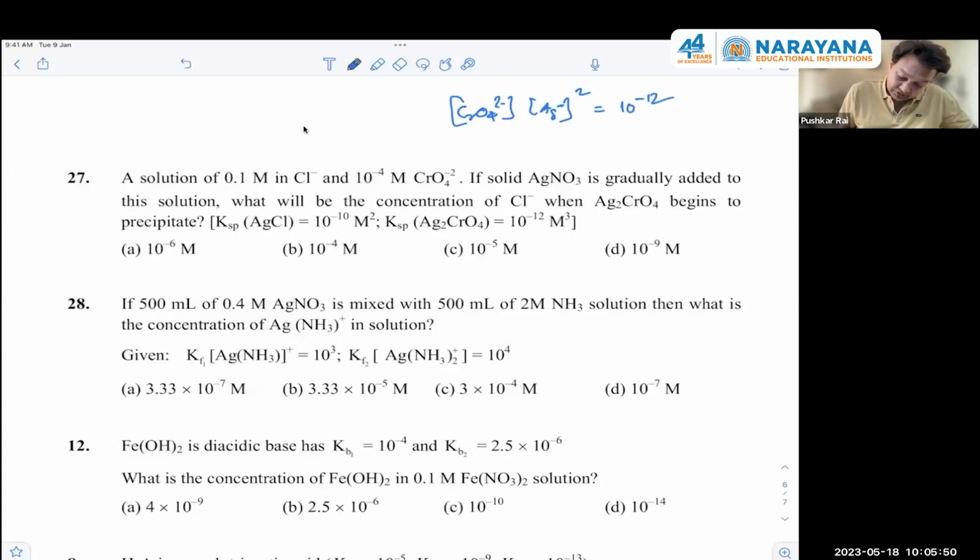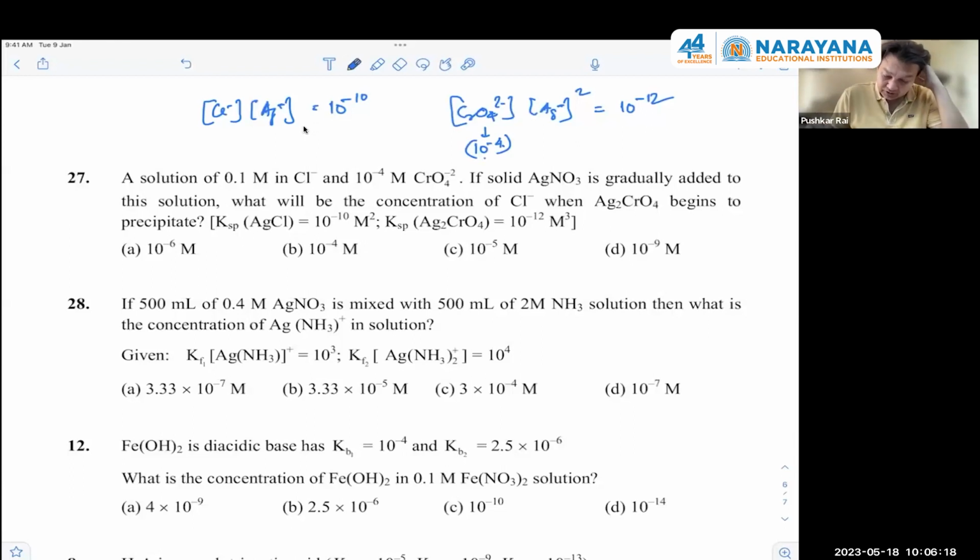And the second equation is that the Cl negative concentration into the Ag plus concentration must be equal to 10 to the power minus 10. You see, Cl minus is 0.1 and CrO4 2 negative is 10 to the power minus 4.